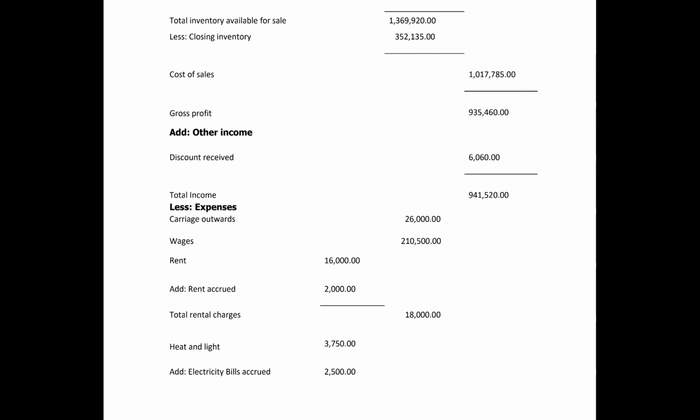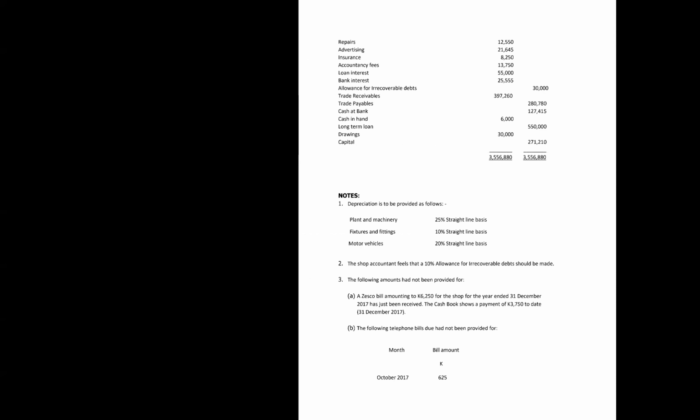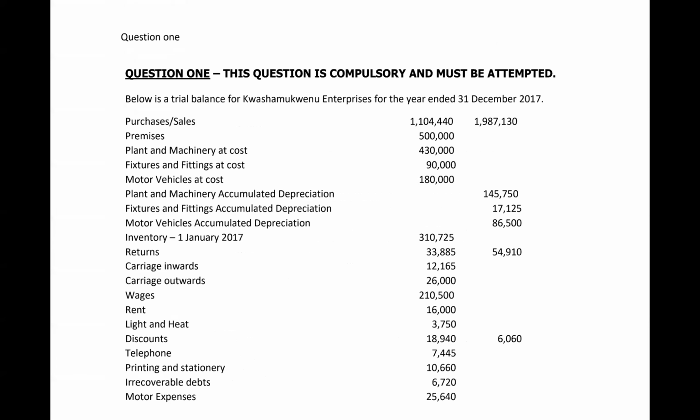When you subtract this, then you add the other income, discount received. You've seen that? Discount received. I want to remind you. Discount received, 60,000 and 60.